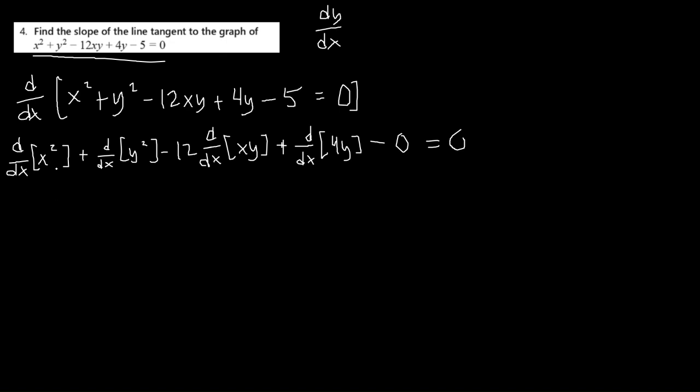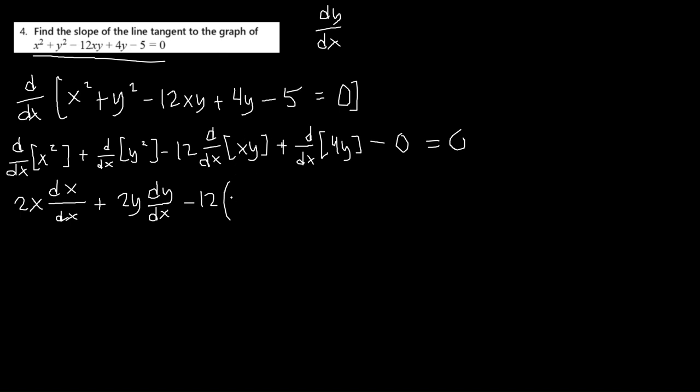So now we find the derivative of each of these terms that we just laid out. So this becomes 2x dx over dx plus 2y dy over dx minus 12. Then let's put parentheses here so that we know that we're multiplying this.